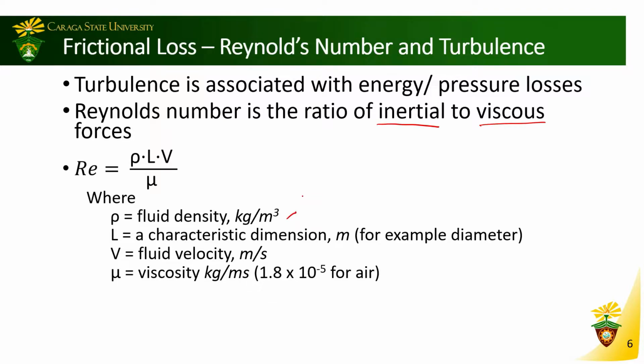L is a characteristic dimension, expressed in meters in terms of SI, for example, diameter. V is the velocity of the fluid, and mu is the viscosity in terms of kilogram per meter second, or this is 1.8 times 10 to the negative 5 for air.